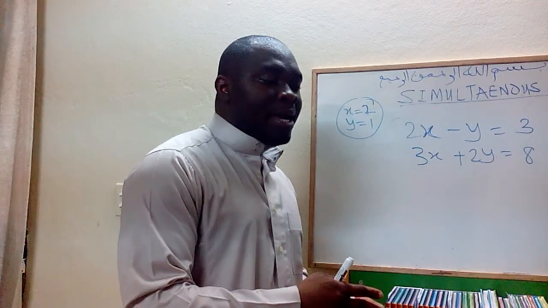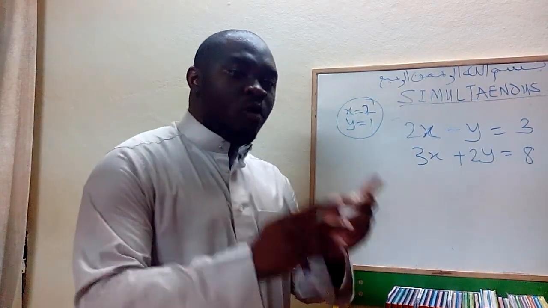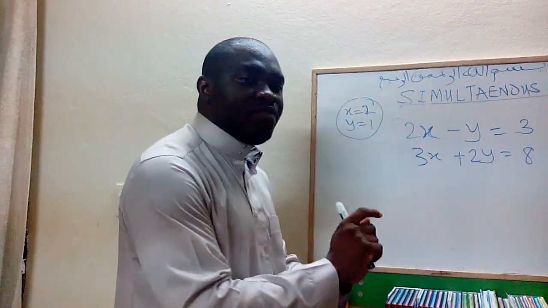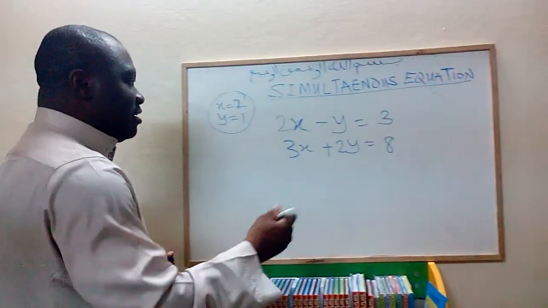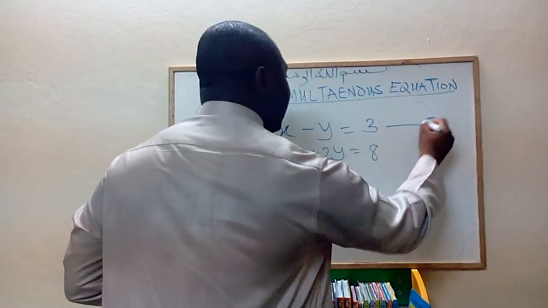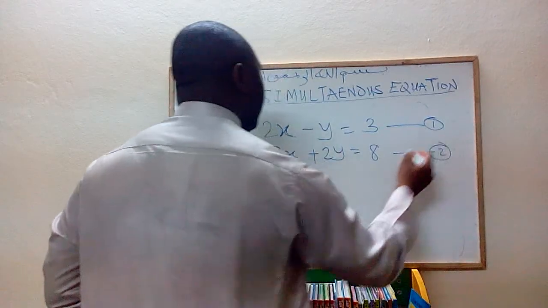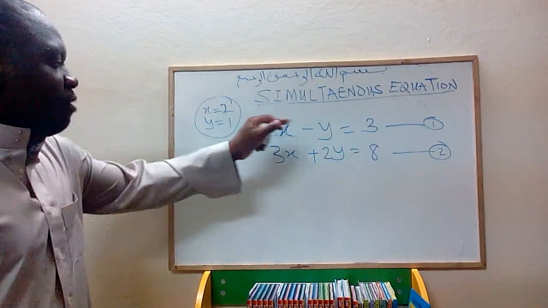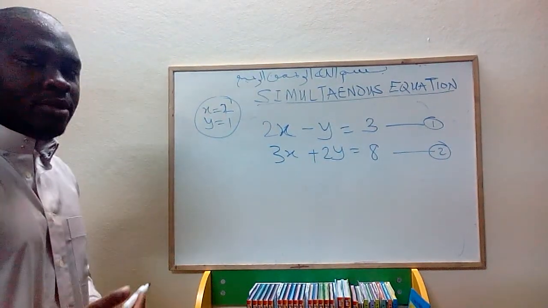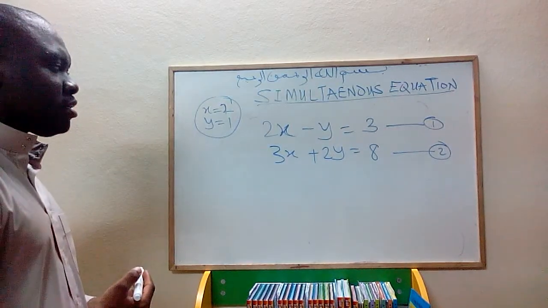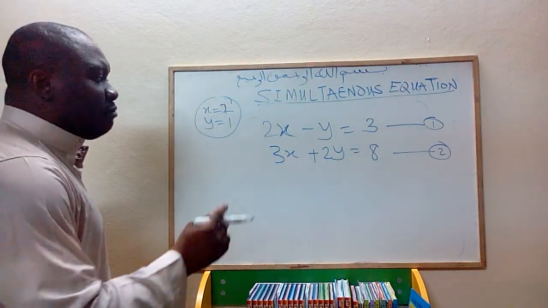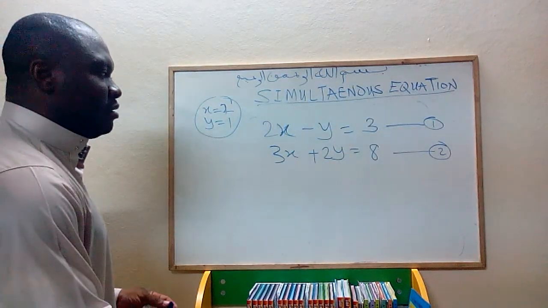By making a subject of the formula, it means that one variable has to sit on one side of the equation. For instance, this is equation 1, this is equation 2. From equation 1, I can easily make y the subject of the formula. How do I do that? I can easily make y on one side.